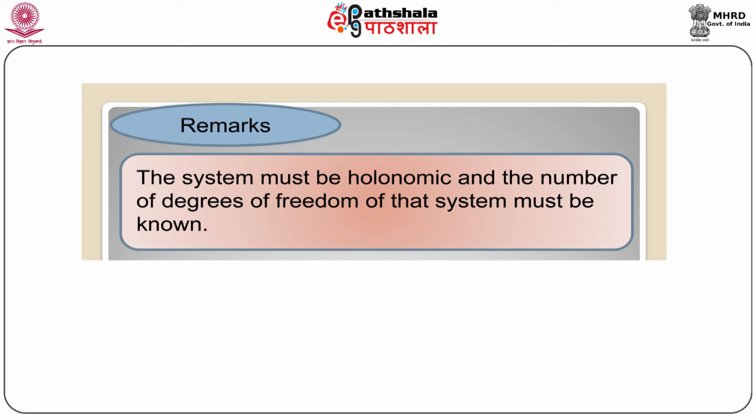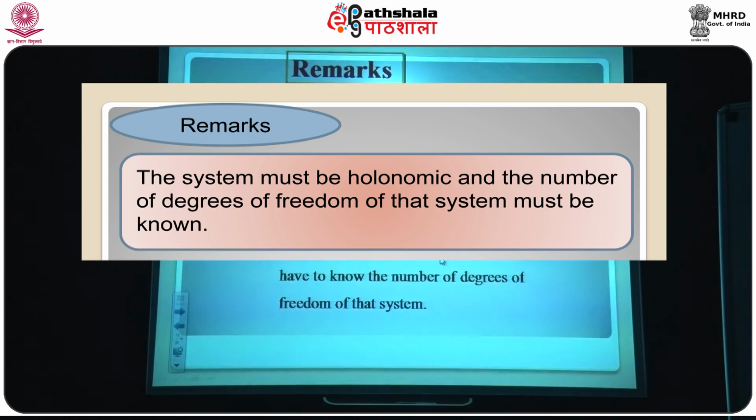Moreover, any specific property of a dynamical system is not needed for this purpose. The system must be holonomic, and we have the number of degrees of freedom of that system.